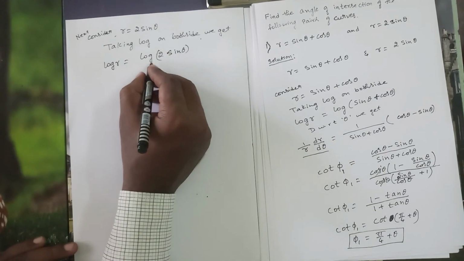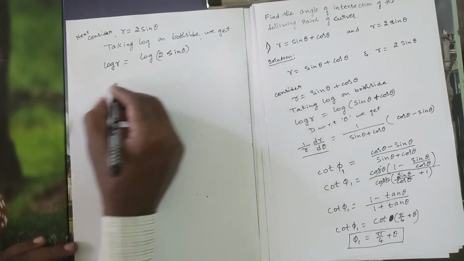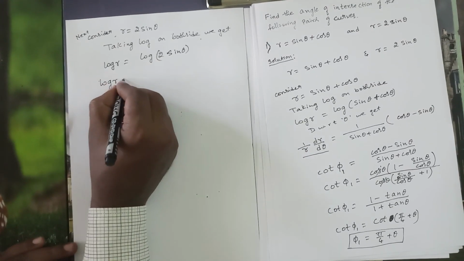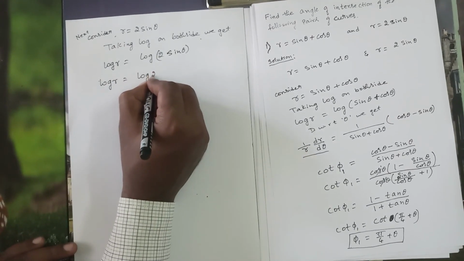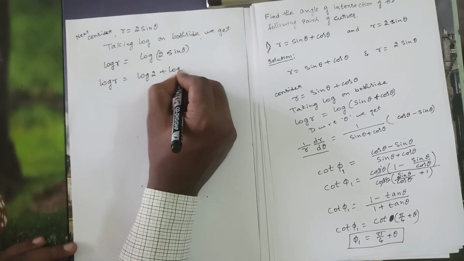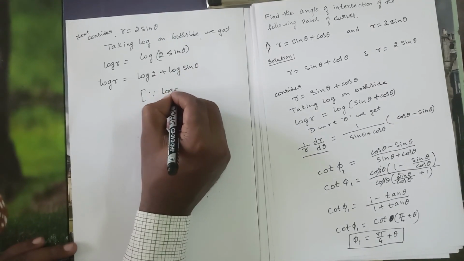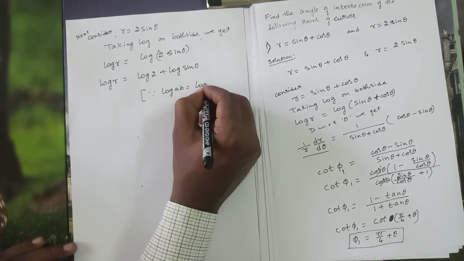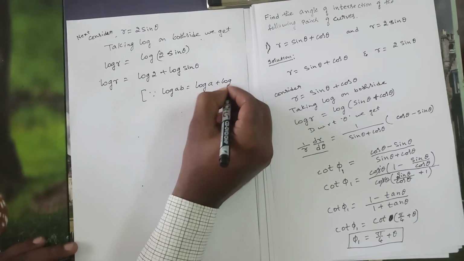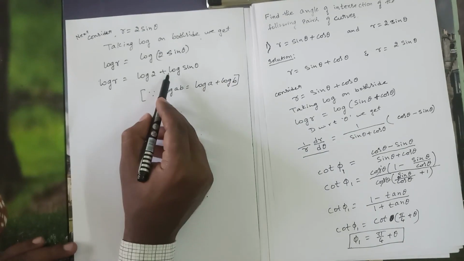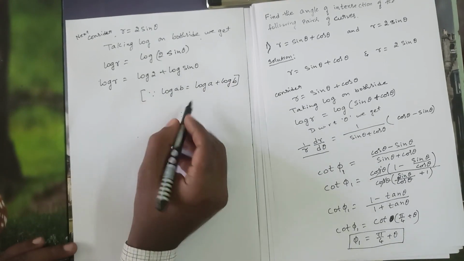So here log of A into B, this becomes log R equals log 2 plus log sin theta, because log AB equals log A plus log B, so I use this formula here.